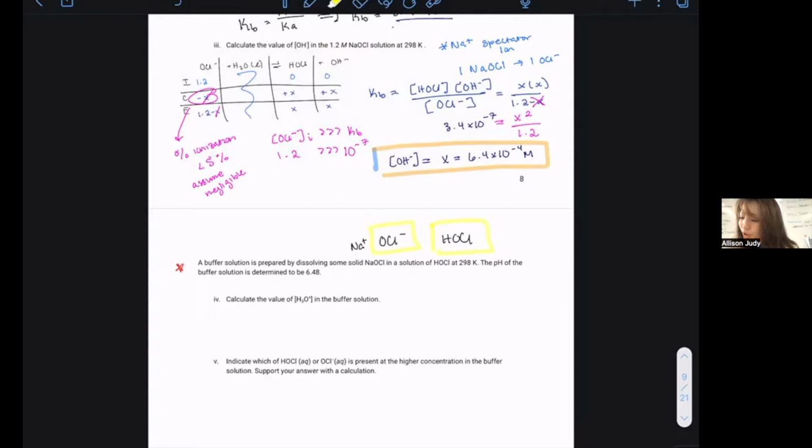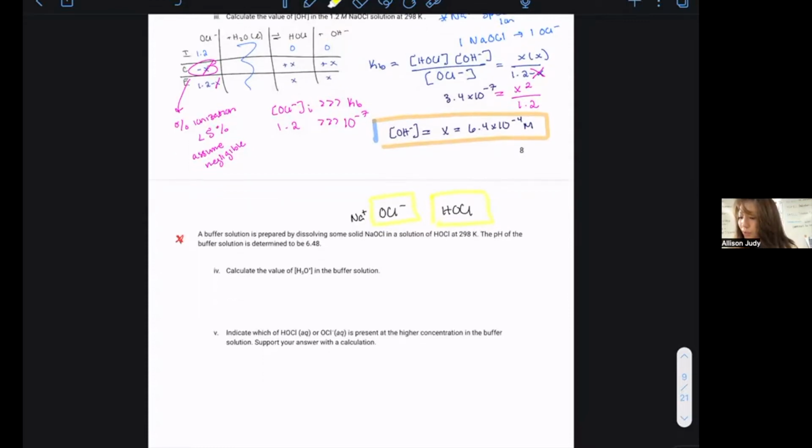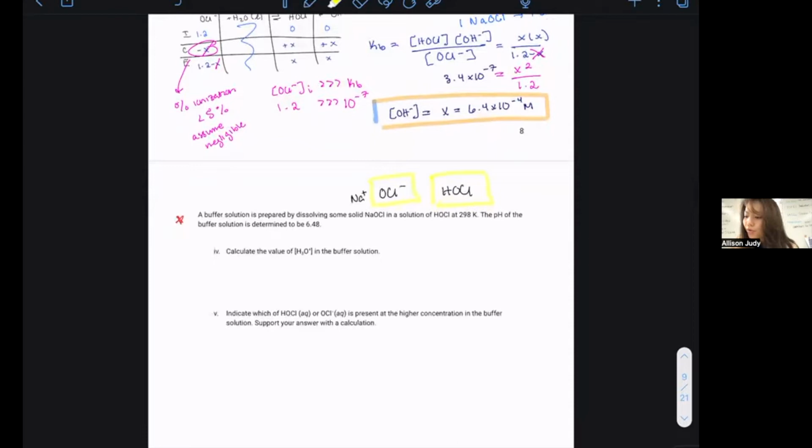We're asked to calculate the value of H3O plus in the buffer solution. You know that the pH is 6.48, so this is a nice freebie question. If pH equals 6.48, then the concentration of H3O plus is 10 raised to the negative pH.